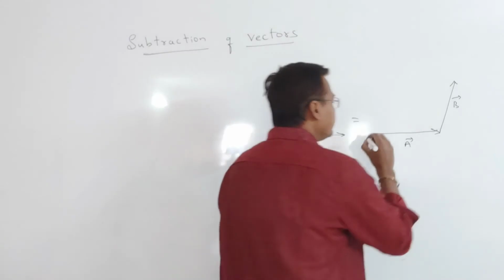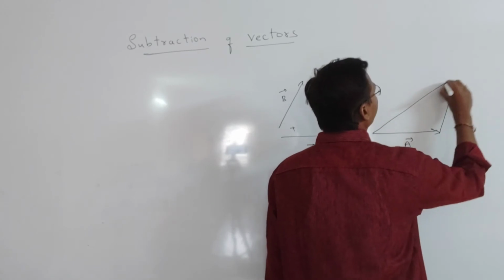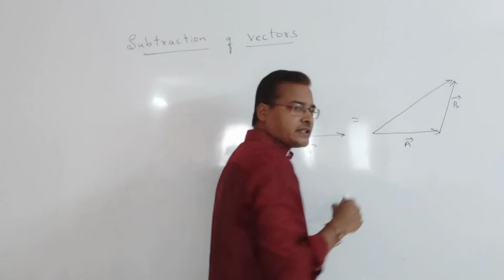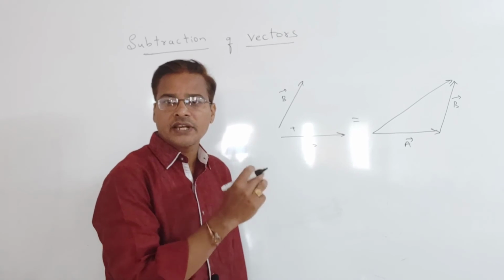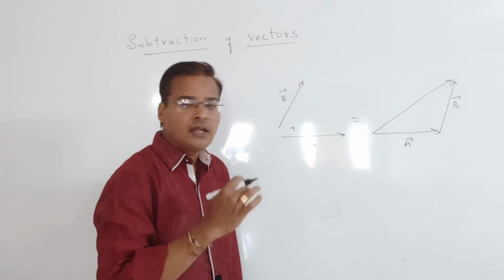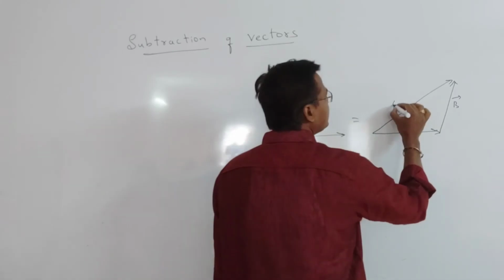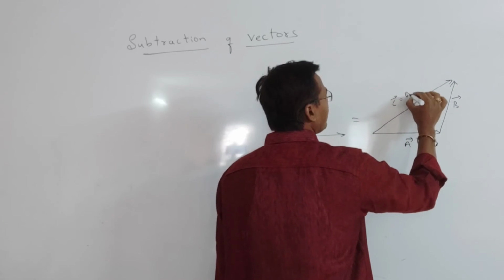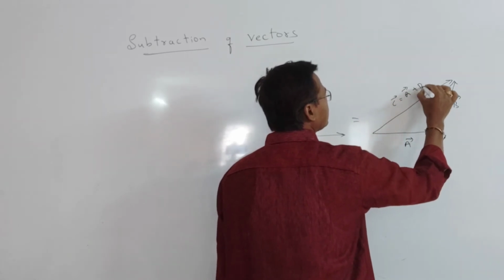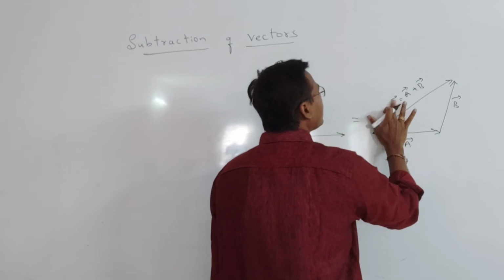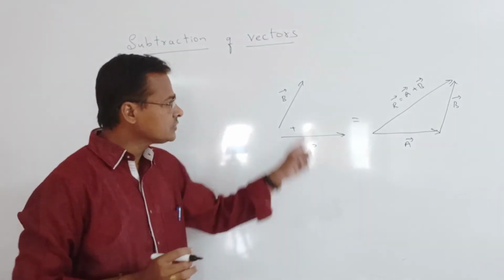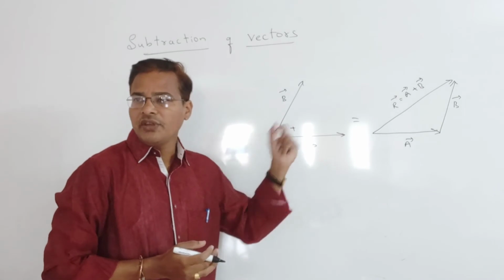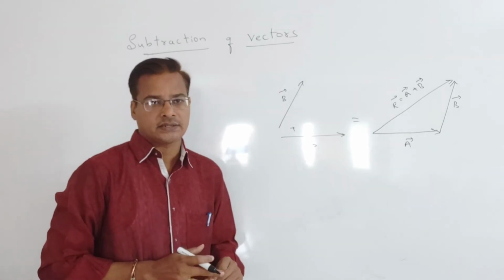Then the vector from the A tail to the B head gives the effect of the individual vectors, that is the resultant vector C, equal to A vector plus B vector, or we use R. So this way we are adding the two vectors.